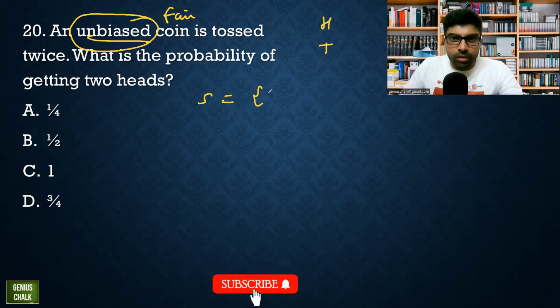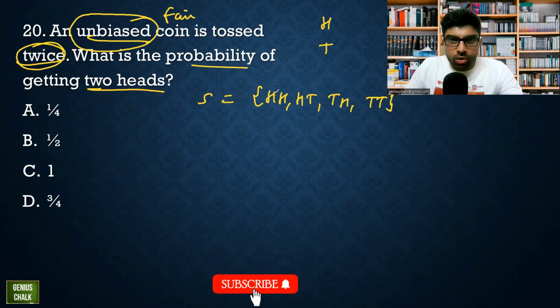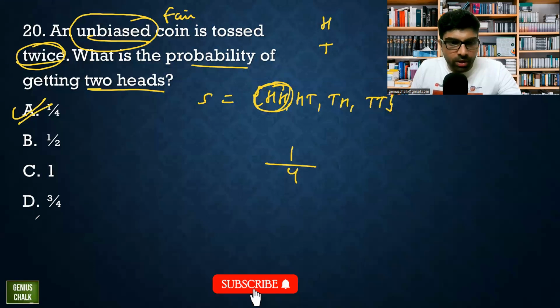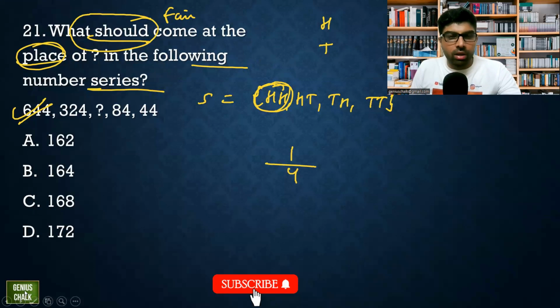So it could be both heads, first head then tail, first tail then head, and both tails. These are the possibilities. A coin is tossed twice, or 2 coins are tossed once. Probability of getting 2 heads: we get 2 heads only in 1 case. So 1 case is favorable, and total cases are 4. So my answer is option A. Very, very easy question. 1 by 4.